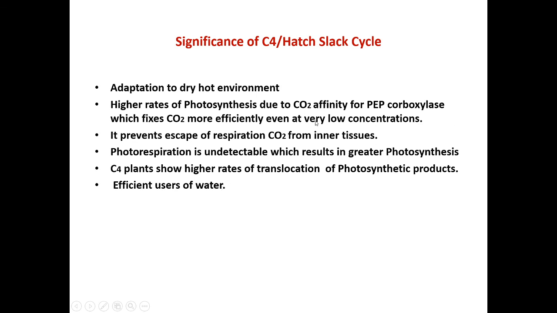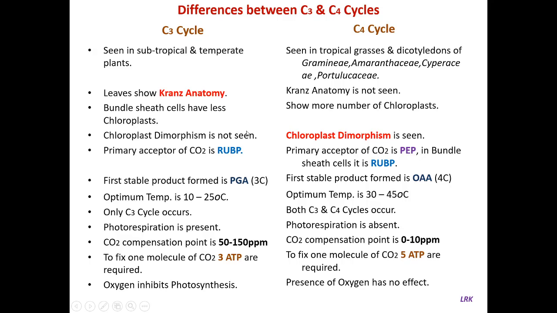It prevents the escape of respiratory CO2 from inner tissues. Photorespiration is undetectable, which results in greater photosynthesis. C4 plants show higher rates of translocation of photosynthetic products and efficient use of water. So this is the significance of the Hatch-Slack cycle, and now we will see the differences between C3 and C4 cycles.